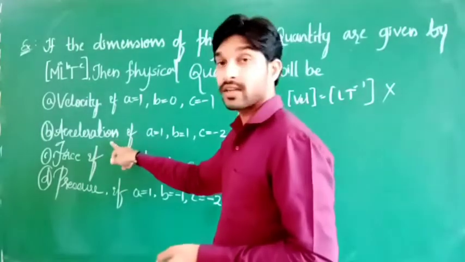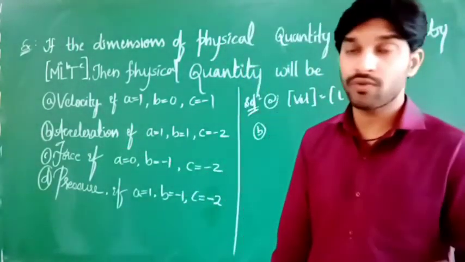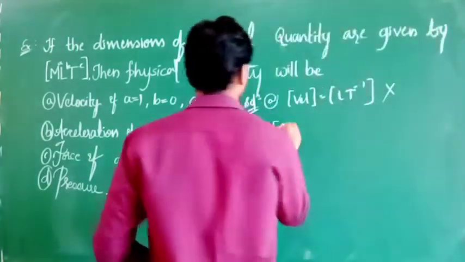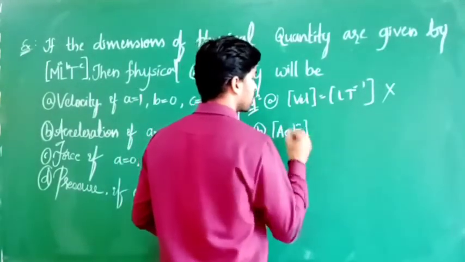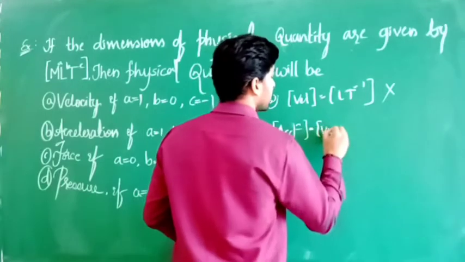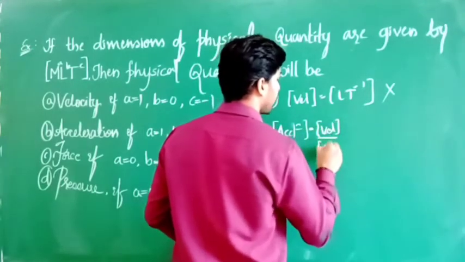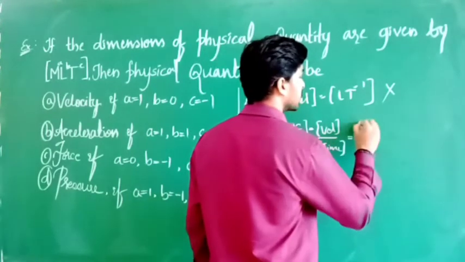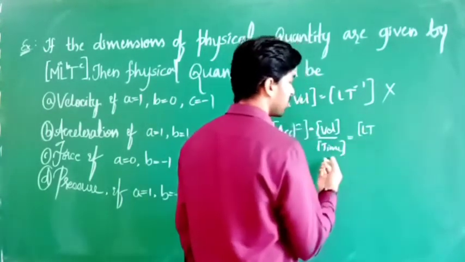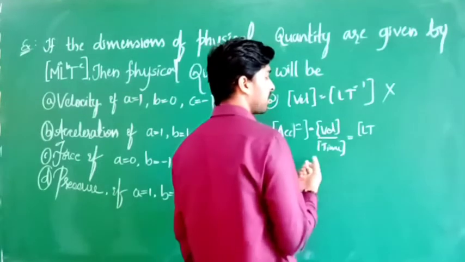What is B? Acceleration. Acceleration means what? Rate of change of velocity. So I can write the dimension of velocity divided by time. Velocity is nothing but L t power minus 1. Here the t will go to the numerator.